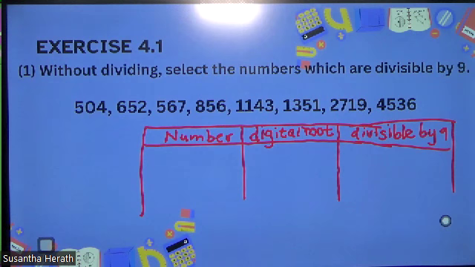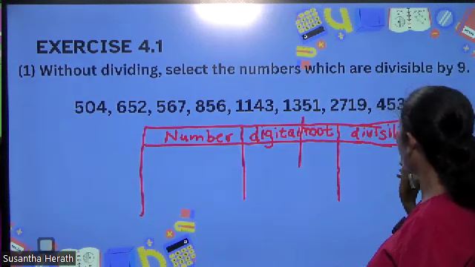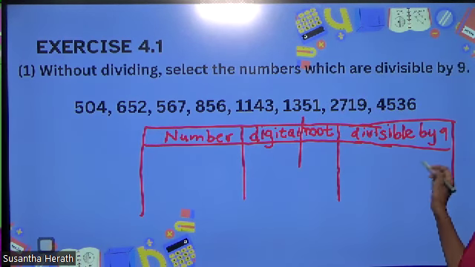Like this, you can insert a table, write down the numbers, then find the digital root and whether it is divisible by 9. Yes or no, you can put. That is easy, I think. Right.